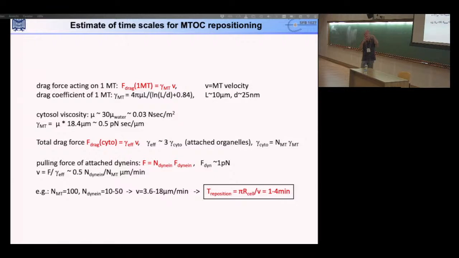That whole thing has to be pulled through marmalade, essentially a truly viscous material. So you can estimate the time simply by balancing this drag force.